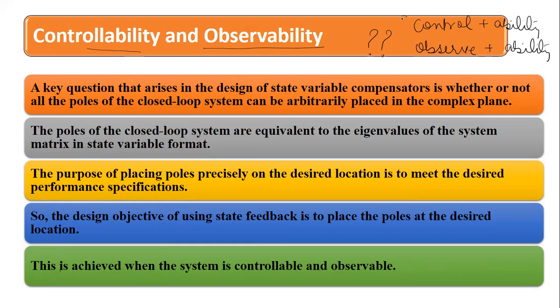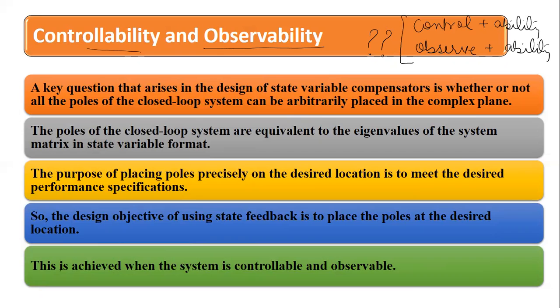When we say controllability and observability, we actually mean whether the system which we are dealing with is controllable or observable or not, whether we are able to control that system or not, whether we are able to observe that system or not.